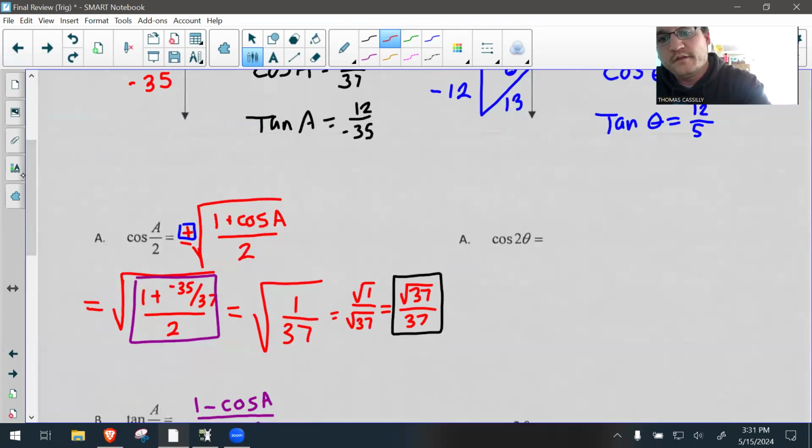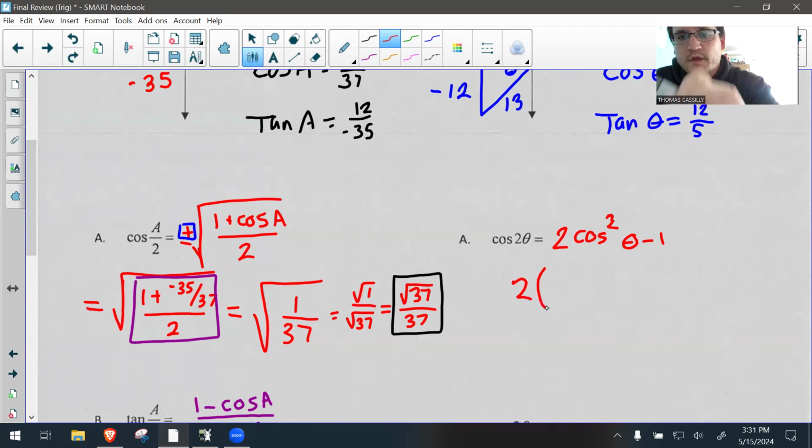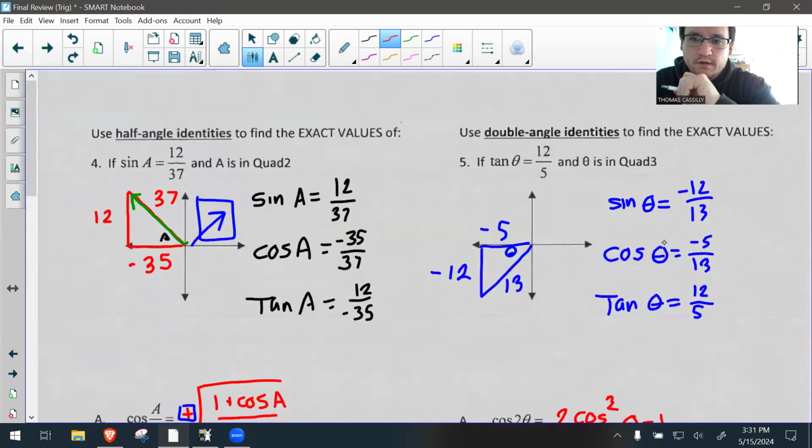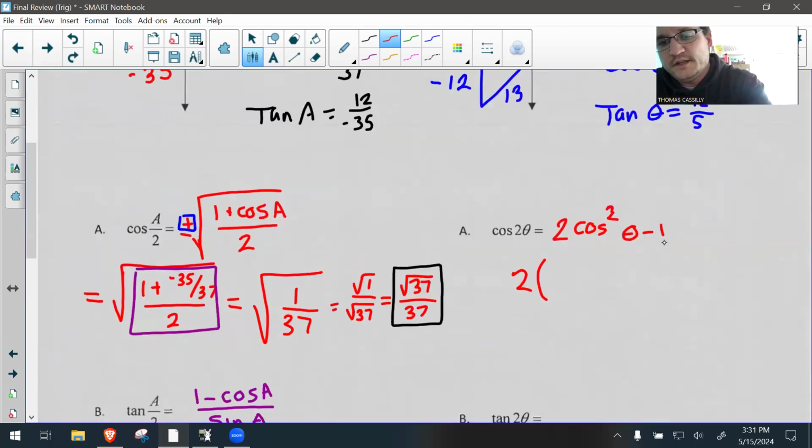So the cosine of 2 theta is 2 times the cosine squared of theta minus 1. Well, we know what the cosine is, so this is 2 times -5/13, and we're going to square all of that, and then minus 1.